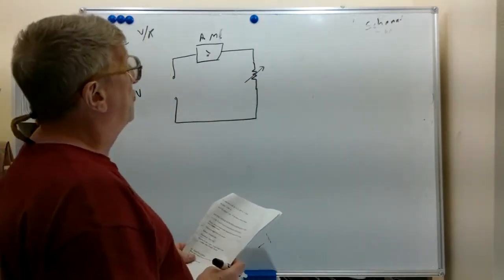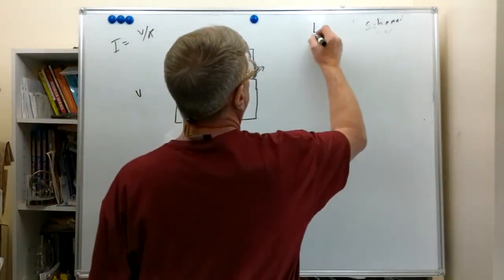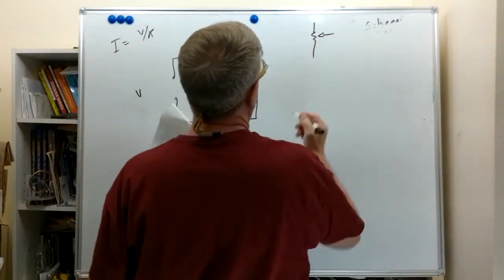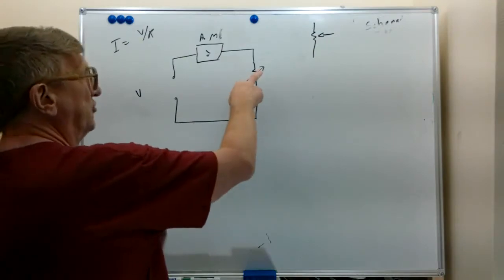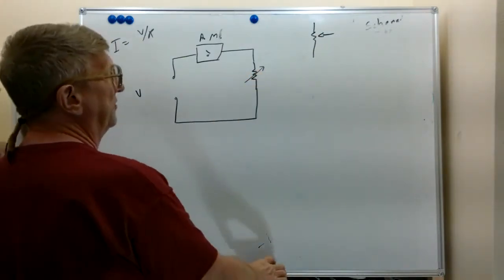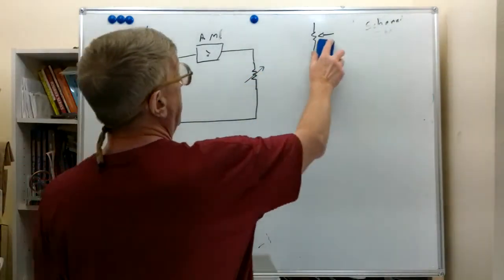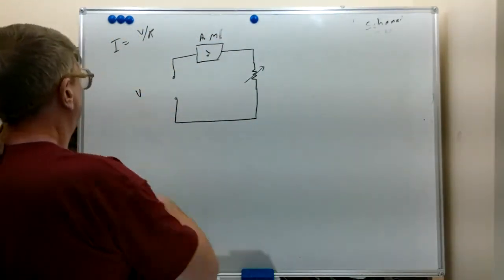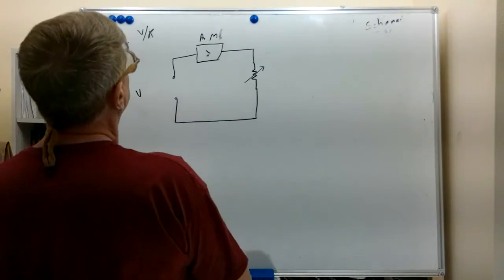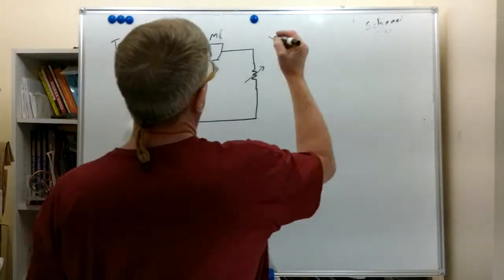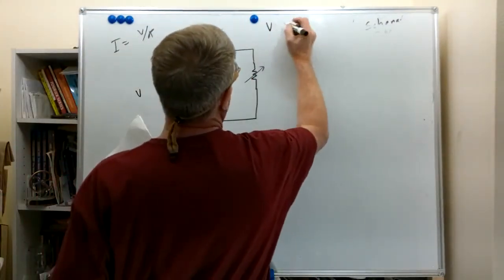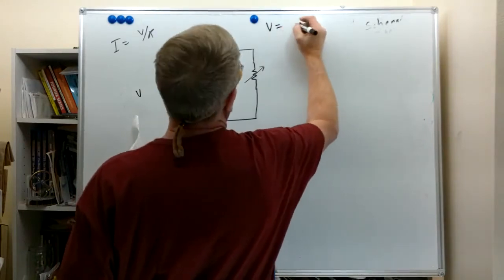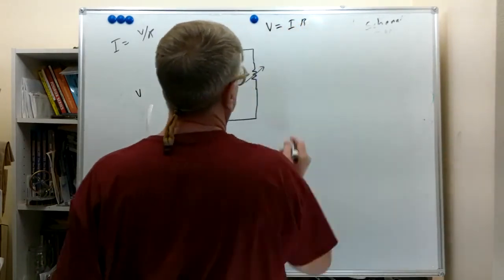I think we talked before about a symbol like this, but we're going to show you a new symbol for variable resistance, because in this case we don't really care about tapping it off. But what would happen, we're going to use voltage equals I times R.